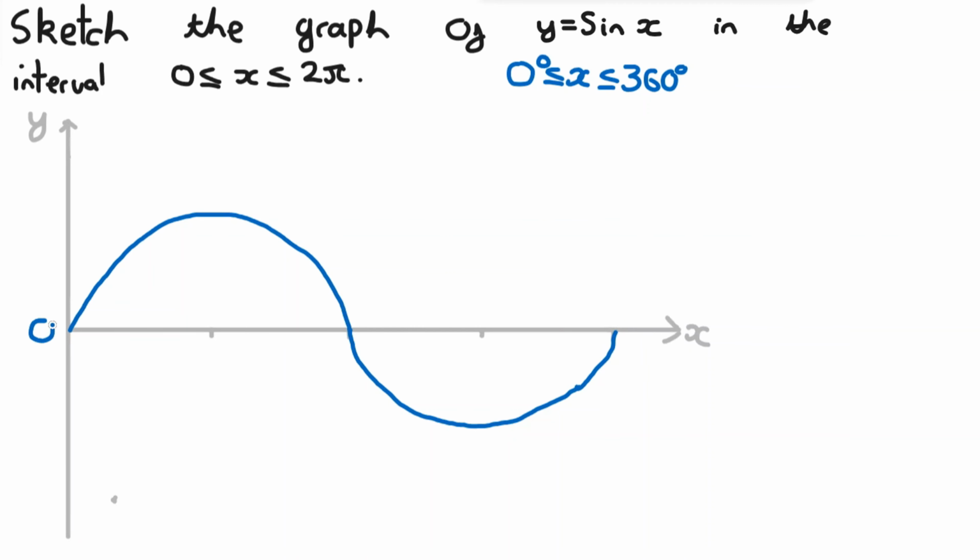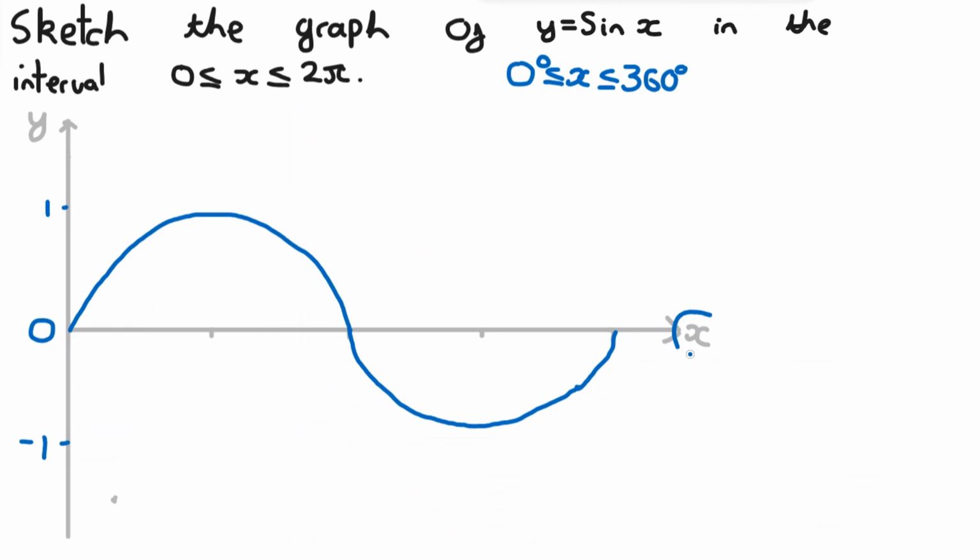This here is 0, this here is 1, and this here is -1. Now normally this would be 0, this would be 90, this would be 180, this would be 270, and this here would be 360. But with this question, because the interval is in radians, we need to do the axis in radians as well.